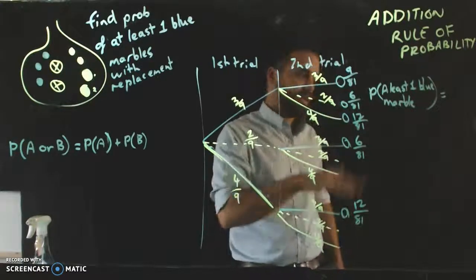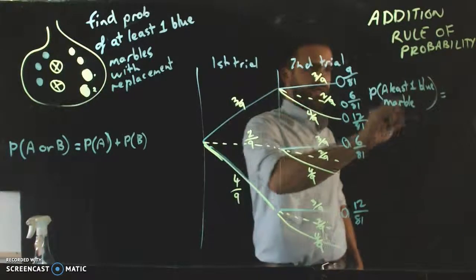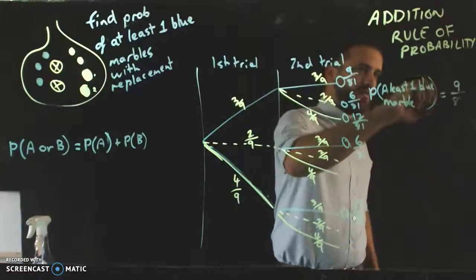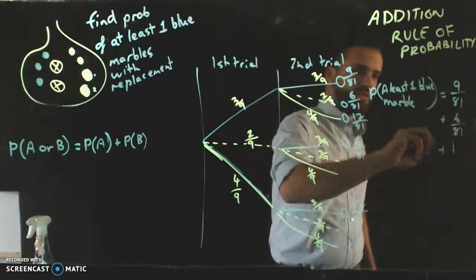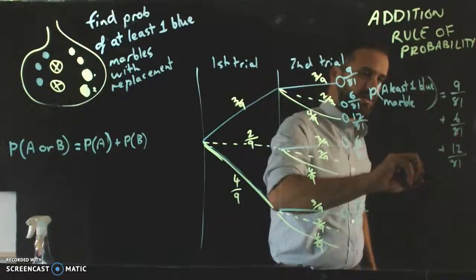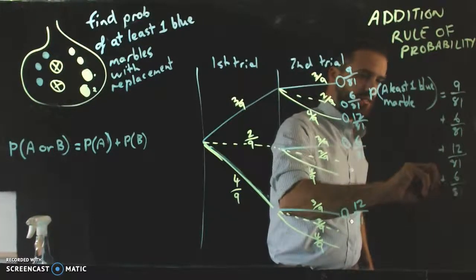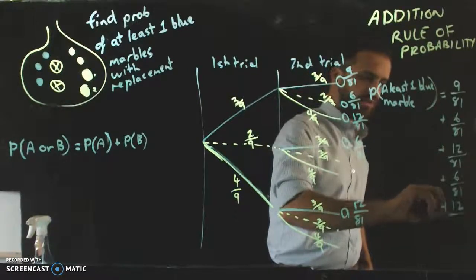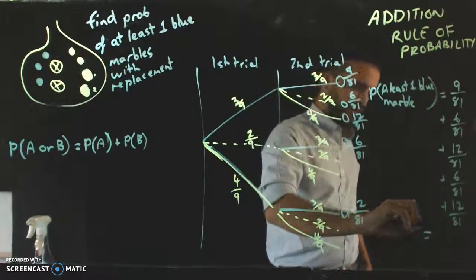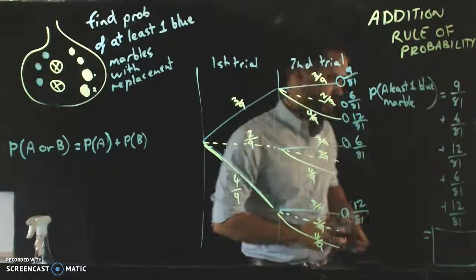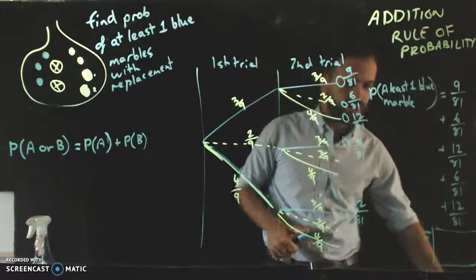I'm going to add this down the page because you can see I've run out of space. 9 over 81 plus 6 over 81 plus 12 over 81 plus 6 over 81 plus 12 over 81, and that'll give us our final answer here, which my calculator will no doubt tell me.